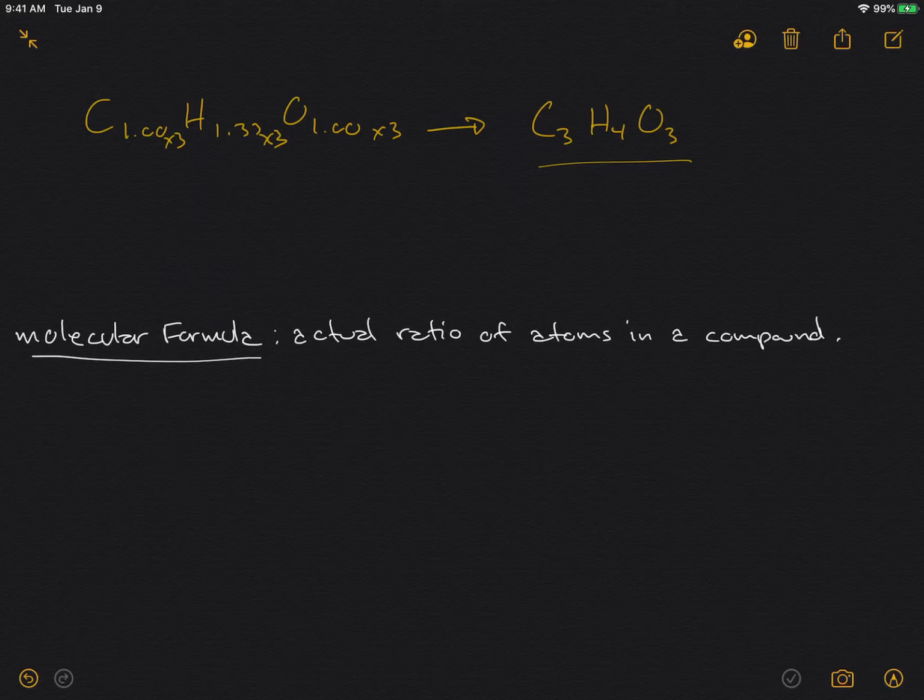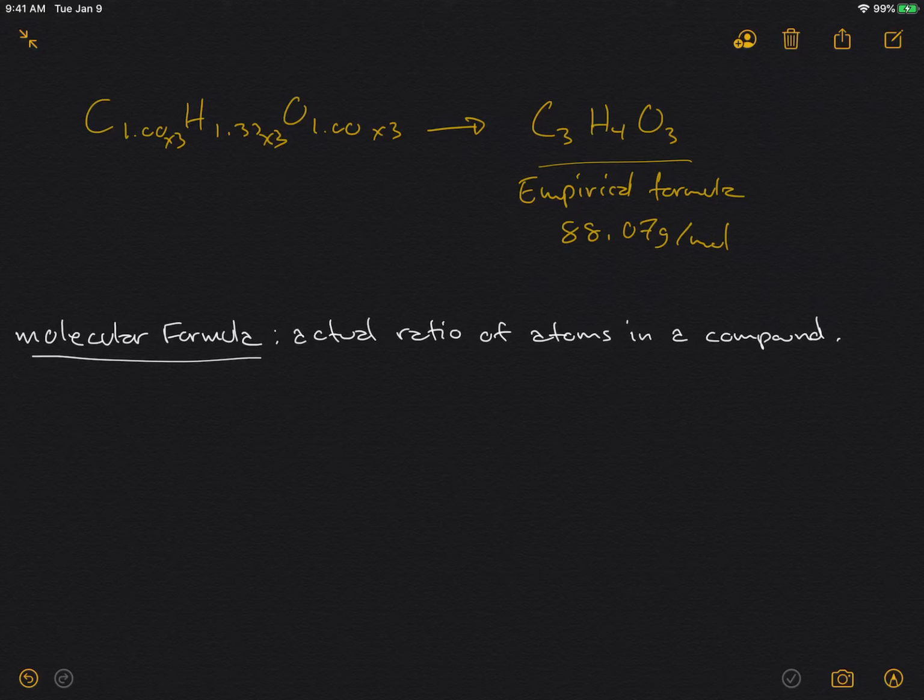And basically the question we want to ask here is, how many empirical formulas are contained in the molecular formula? And so the first thing we want to do is calculate the molar mass of the empirical formula. And for this one, if you add up 3 carbons, 4 hydrogens, and 3 oxygens, you get 88.07 grams per mole.